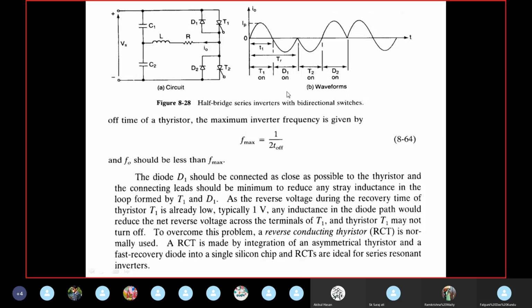Here the firing of thyristor T2 is delayed until the last oscillation through the diode is completed. That means T1 is fired after the oscillation through the diode D1 is completed.